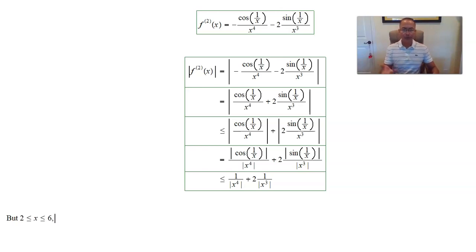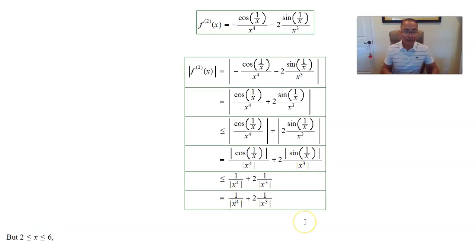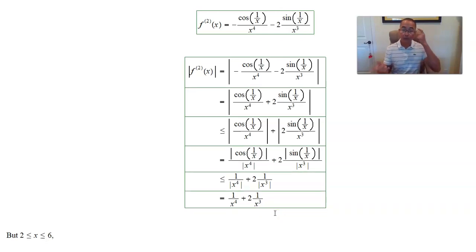So x is positive, right? So we can replace this with just 1 over x to the 4th plus 2 times 1/2 x cubed. Our domain is a set of positive numbers, so we don't need the absolute values. However, we do have reciprocals. What did we say? If you take the reciprocal of a number, the endpoints switch in location.